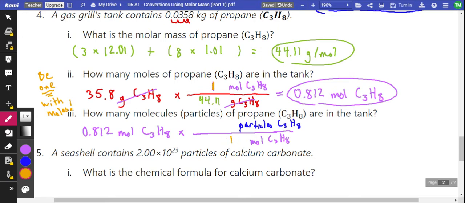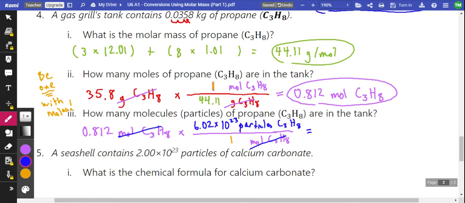Now I just have to ask myself, how many particles are there in 1 mole of this stuff? Well, that's where that big nasty number comes in. That's 6.02 times 10 to the 23rd particles. So I take 0.812 times 6.02 times 10 to the 23rd divided by 1. My moles units are going to get canceled out. I'm left with a unit of particles of C3H8, and I've just got to multiply it out.